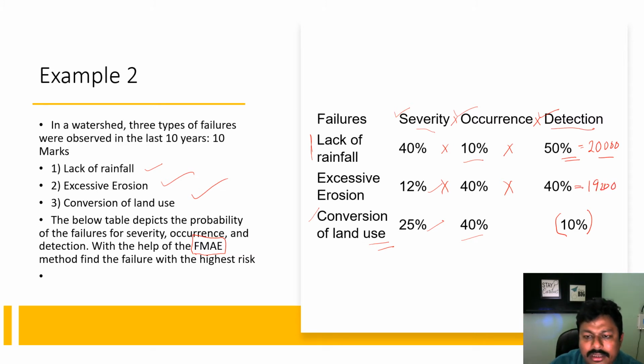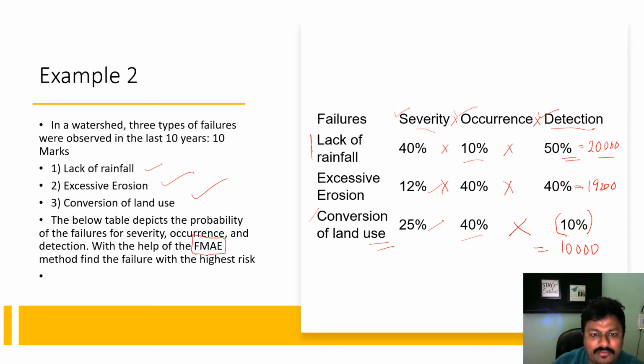And last is this one, 25, 40 and 10. So 25, 40 and 10. This is coming up to 10,000.